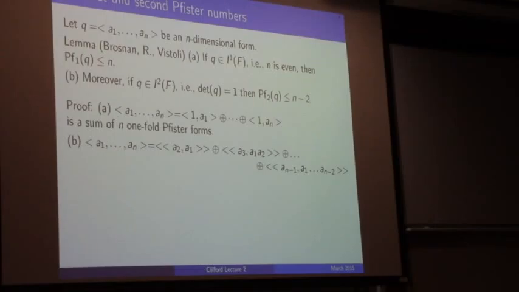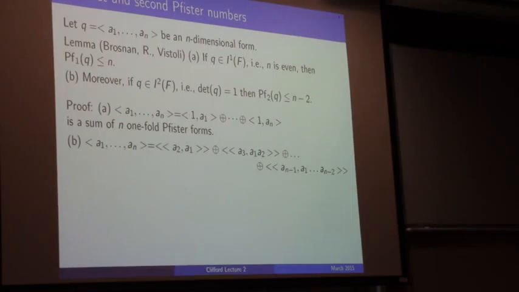And for part B, there's a trick like this, but a little bit more complicated, only a little bit. If you decompose this first form, it's <1, a1, a2, a1a2>. So the a1a2 is going to cancel this a1a2, and the 1 is going to cancel this 1.